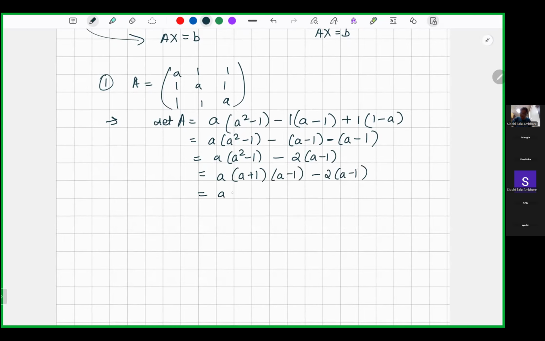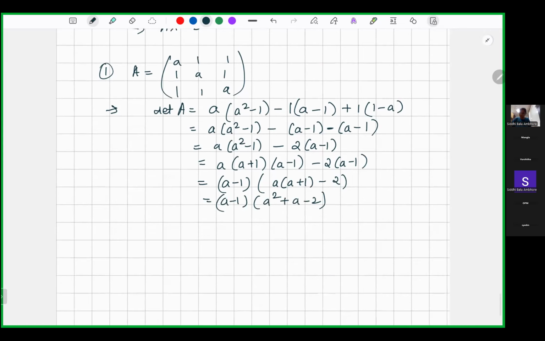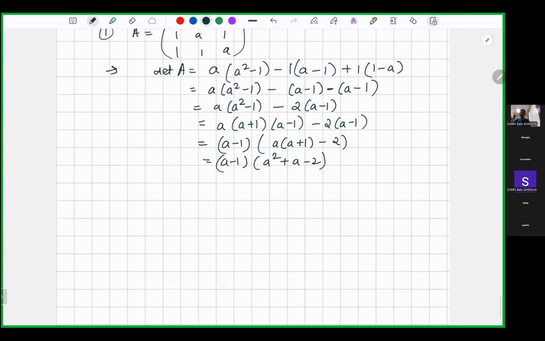If I take A minus 1 common here, it is A plus 1 minus 2. So this is A square plus A minus 2, and so this is A minus 1. And if we simplify this, what do I get? This needs to be 1. So plus 2 minus 1, right?